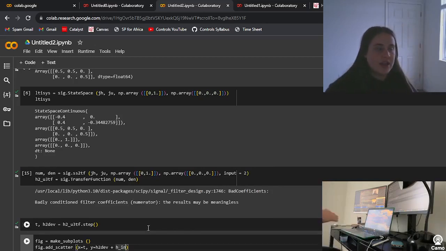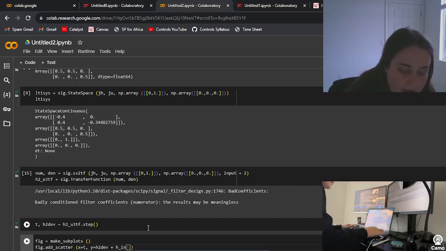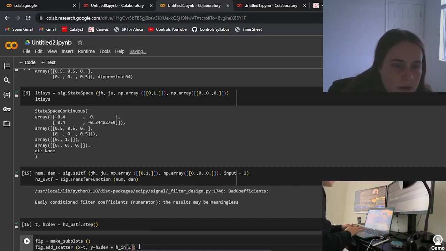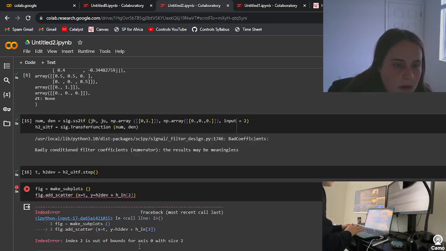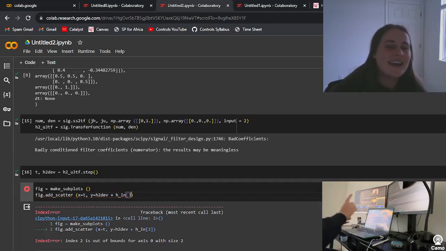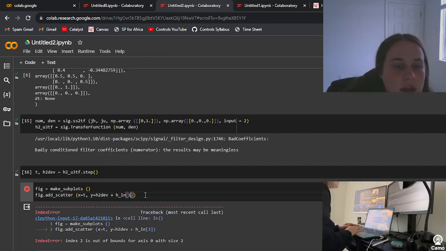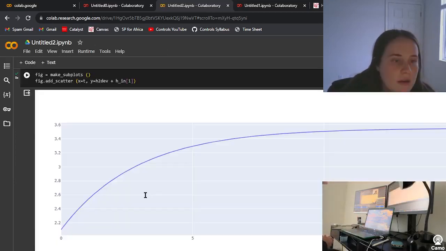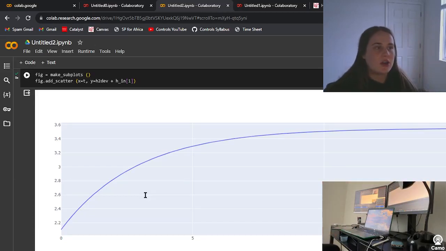We don't want just h initial, we want it to be in terms of h2, so we'll need to put that in here as well. I keep getting mixed up with these. h1 is equal to 0 and h2 is equal to 1, so this is actually 1, not 2. And perfect, there is our graph for the transfer functions.